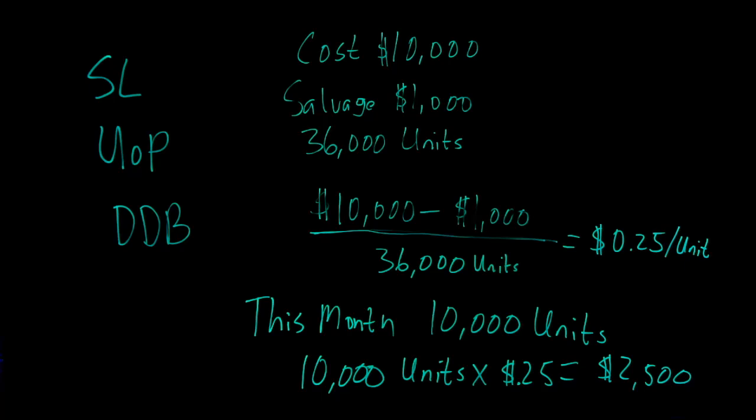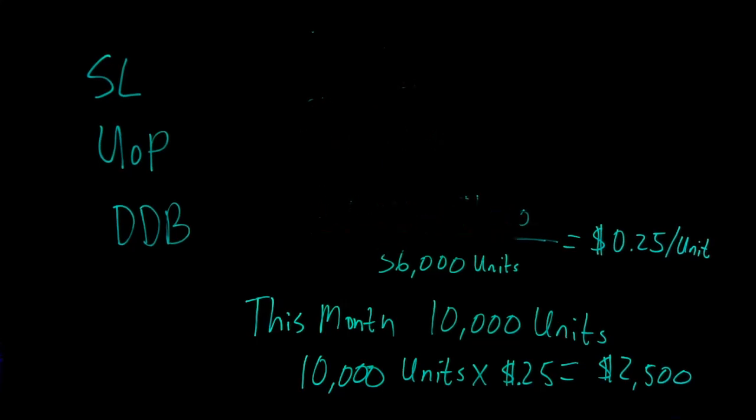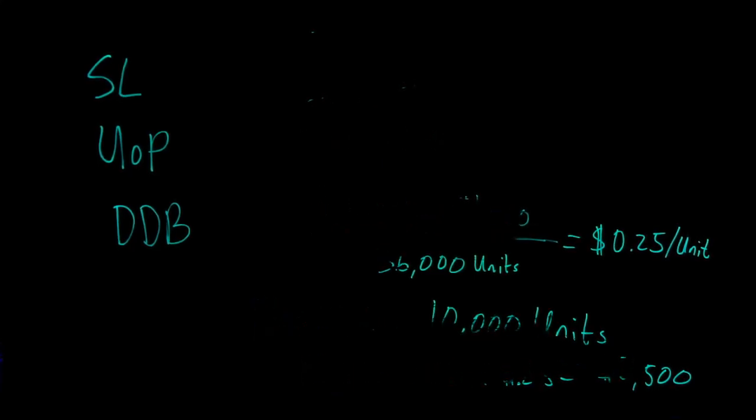All right. So let's move on to double declining balance. So double declining balance is what's referred to as an accelerated depreciation method. Accelerated meaning it gives us the ability to recognize more depreciation expense up front. So if we have an asset where in reality it's going to lose much of its value or of its utility up front, it makes sense for double declining balance.